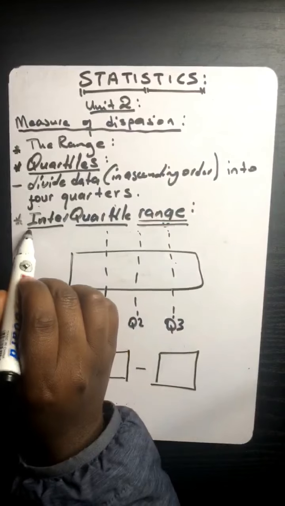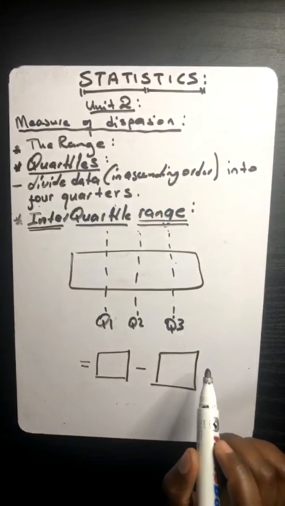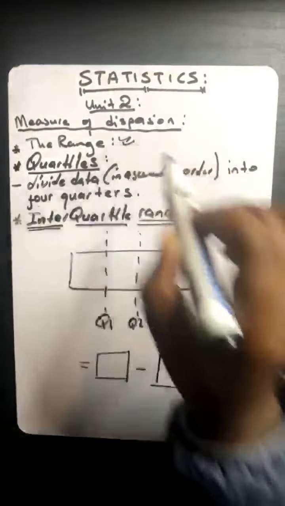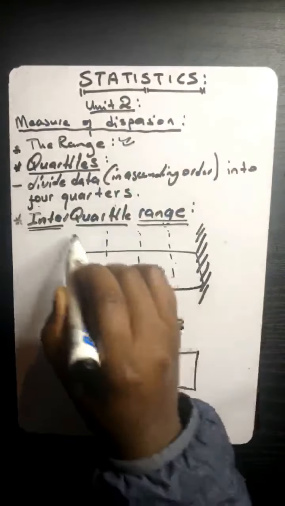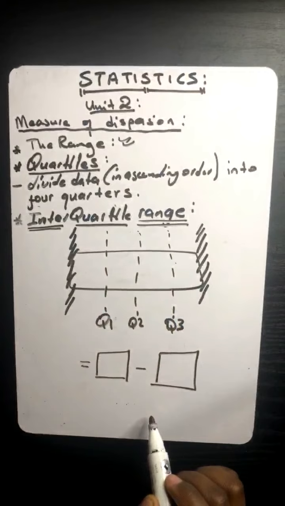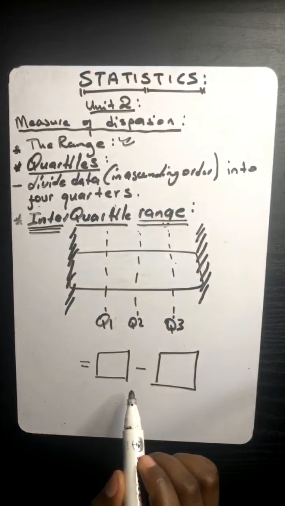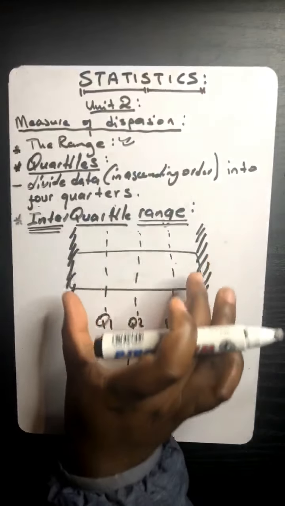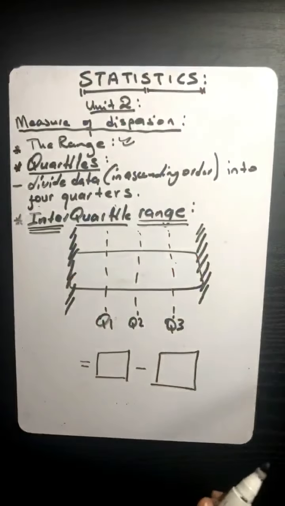The word inter has always reminded me of using the value inside or within. To calculate this range, you focus on this upper value minus that lower value. So the word inter means focus on the middle, or the information in between, within the data.